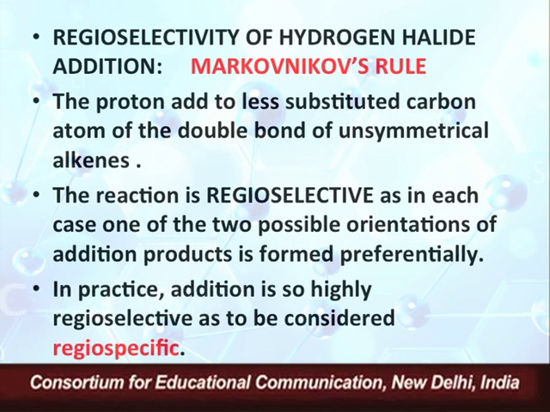that is HBr, to an unsymmetrical alkene, he observed that the proton will add to the less substituted carbon atom of the double bond of an unsymmetrical alkene. That means the reaction is regioselective in each case, because one of the two possible orientations of addition products is formed preferentially.